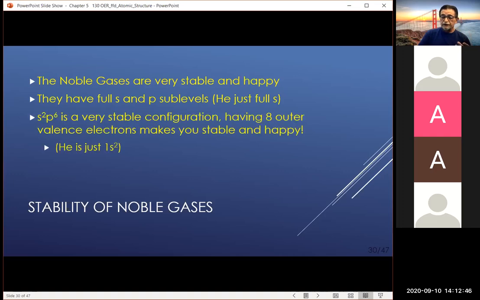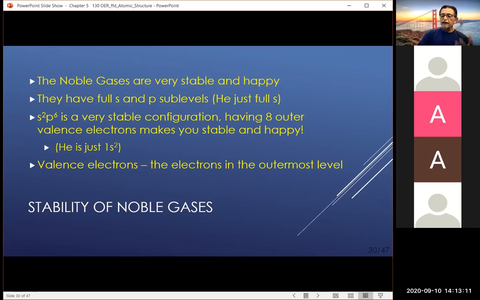They got that magic 8, with the exception of helium, because it only has 2 electrons. But still, it's 1s2. That orbit is full. So the common thread that they all have, with the exception of helium, is the octet, or the 8 valence electrons, that make them stable.